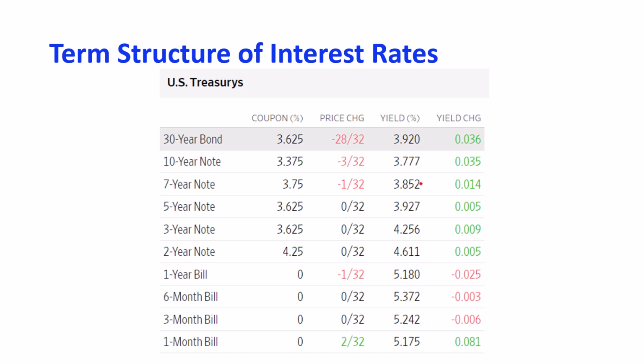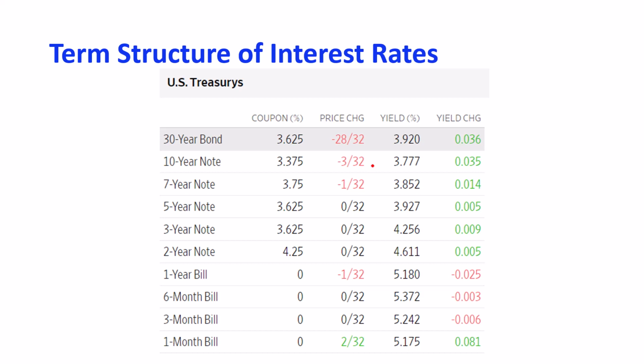So what does it mean? It means that, for example, if you want to lend your money to the US government for 1 year, this is the rate that you will be getting, 5.18%. This is the yield that you will be getting.